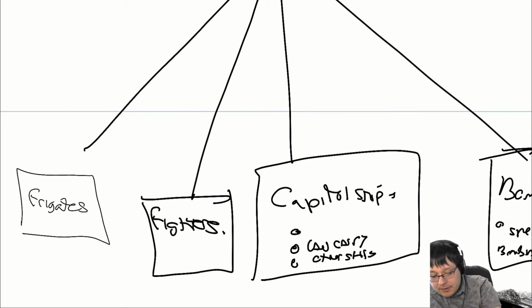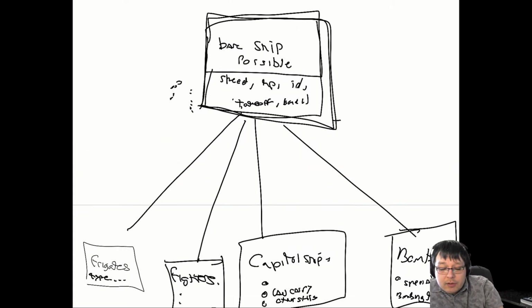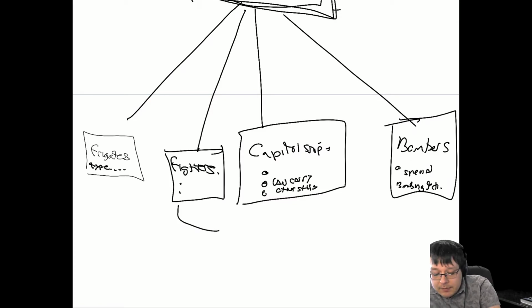So like, if it's a medical frigate or just a battleship or something, I don't know. And then you have your fighters, which is what we've been doing so far. But in addition to being a regular ship, they might have that something. This probably has hyperspeed.